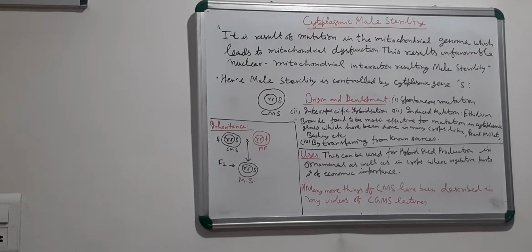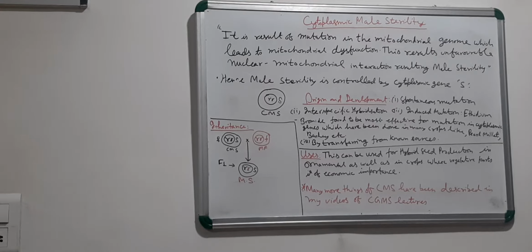It is the result of a spontaneous mutation in the mitochondrial genome, which leads to mitochondrial dysfunction. This results in unfavorable nuclear-mitochondrial interaction, resulting in male sterility. Hence, male sterility is controlled by cytoplasmic gene S.